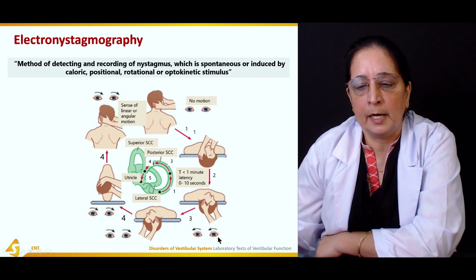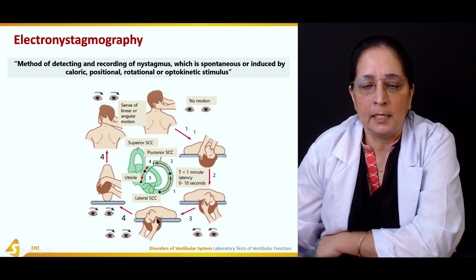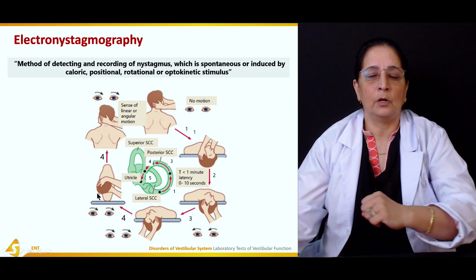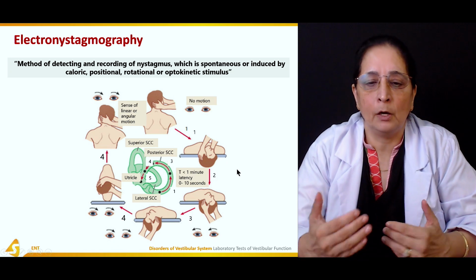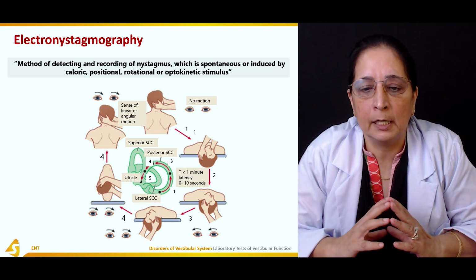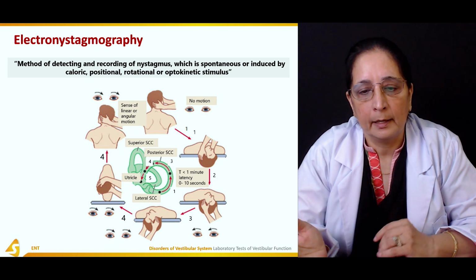If the head is to the right, eyes move to the left. So all these are the different positions of the nystagmus, and these can be recorded electrically on a graph.